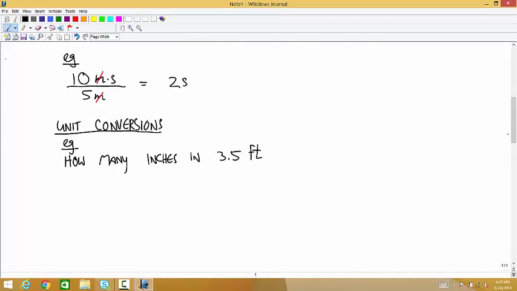The way we're going to deal with this is we're going to always take this starting quantity, 3.5 feet, and multiply it by something that's equivalent to 1. So we're not going to change it. Anything you multiply by 1 doesn't change. But we know that 1 foot is equal to 12 inches.